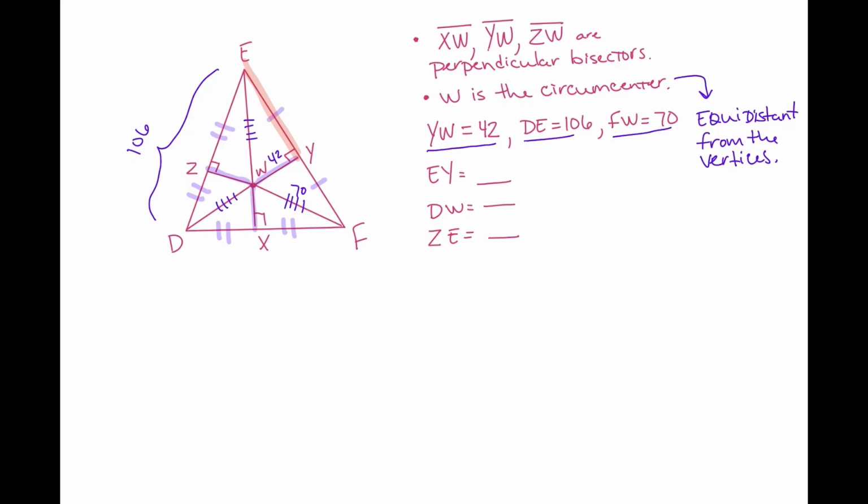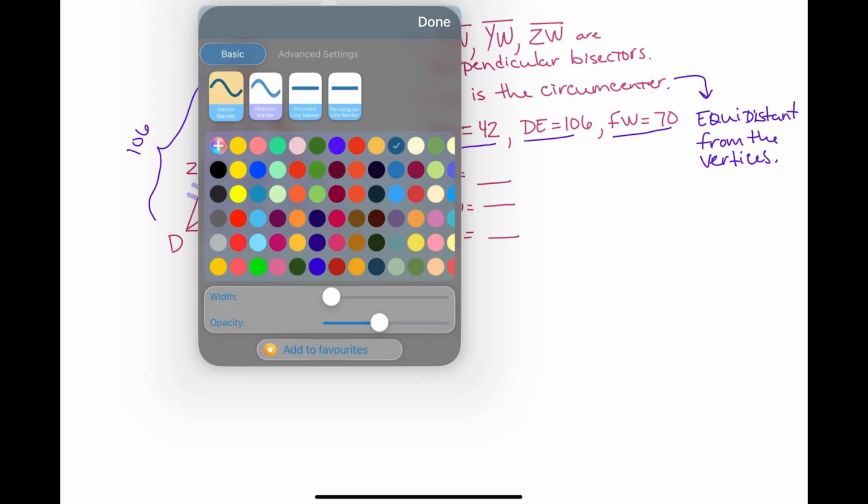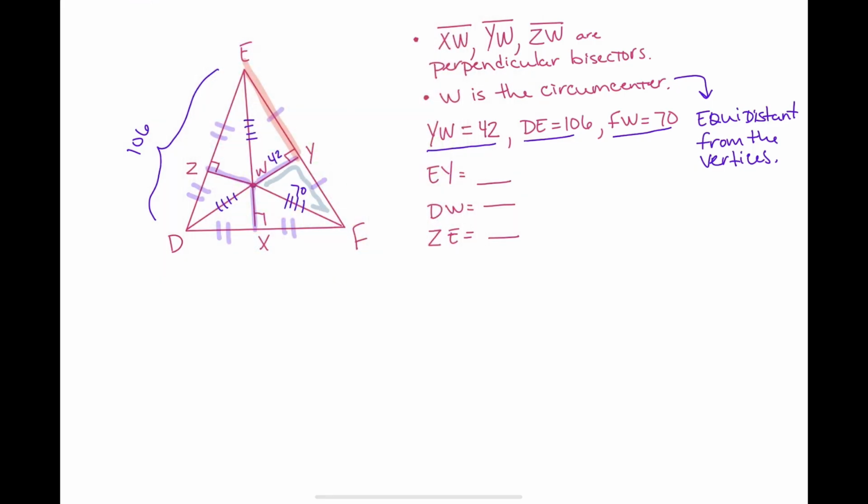But I do notice that there is a triangle made right here, and I have 2 of the sides, and I'm missing 1, which is this side. Is this triangle a right triangle? It is because of this right angle. If this angle is right, so is this angle. So now I have a right triangle. I don't know this side.